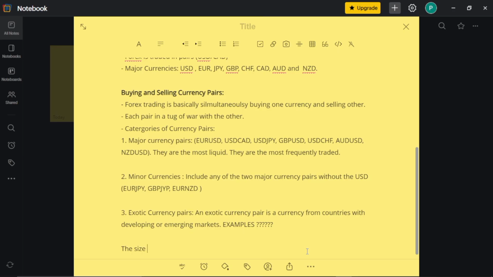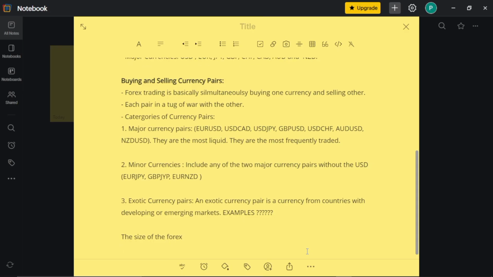The first of which is the size of the Forex market. So in that note, I will be discussing the size of the Forex market. And then also, I would be discussing how to trade Forex. Not step-by-step instructions on how to trade Forex. No. We're basically discussing the various market participants, right?